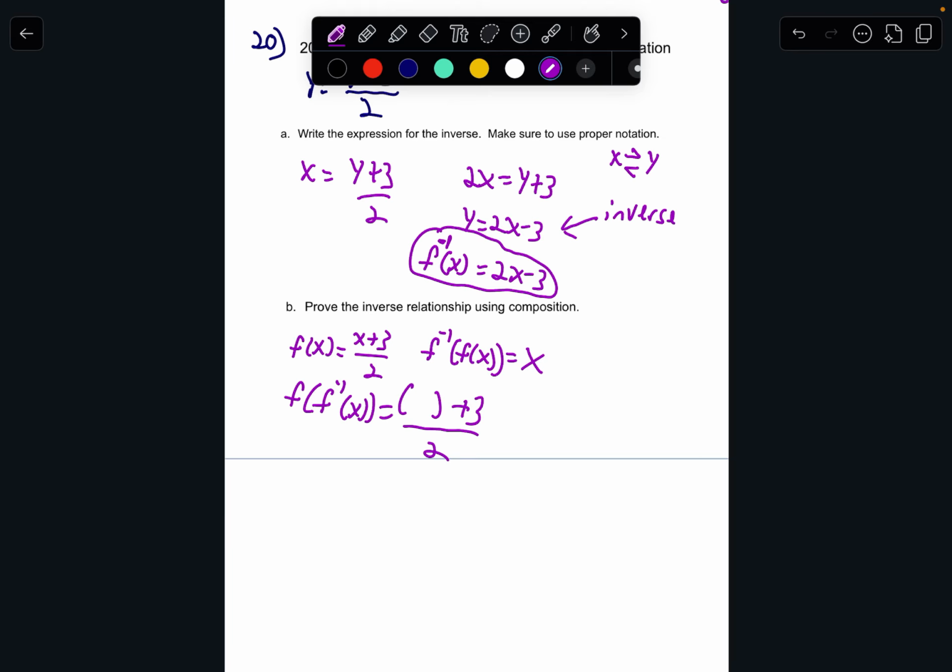But now this inside, instead of x, we have f inverse. And we found f inverse right here by switching x and y and solving for y. So what I'm going to do is put in the inverse here, 2x minus 3. So notice, when this happens, the 3's add to cancel out, and you get 2x over 2, which is x. That's the property of inverses. They kill everything and give you back the input. All right? So that's how you prove it.